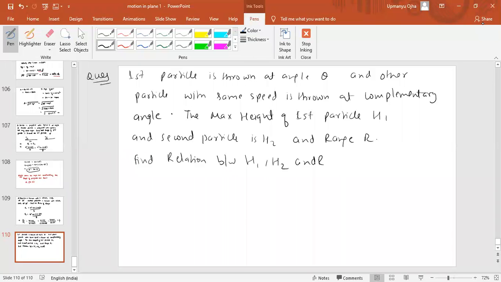Okay, solve, do it fast. I want the answer from every one of you. Is the screen not visible to you or what? 4 root h1 h2. Yes. Correct answer.